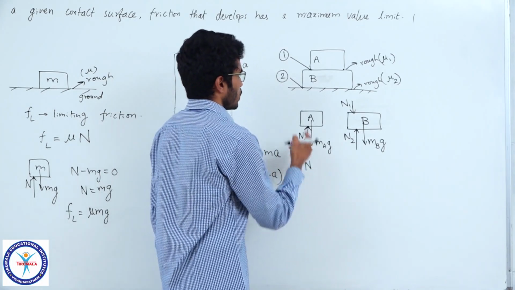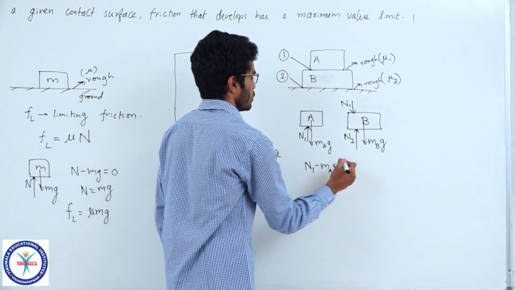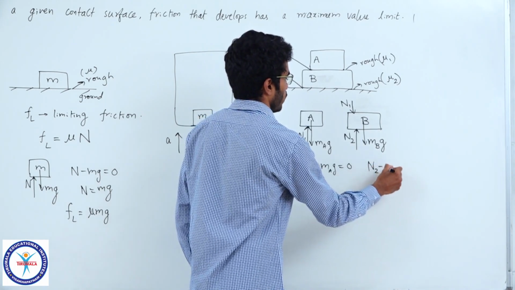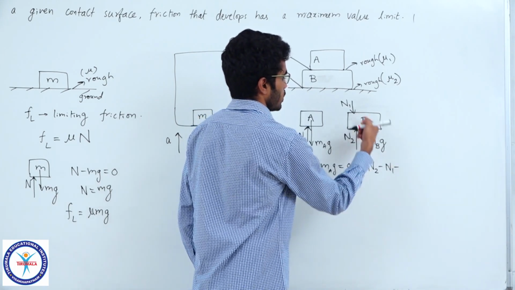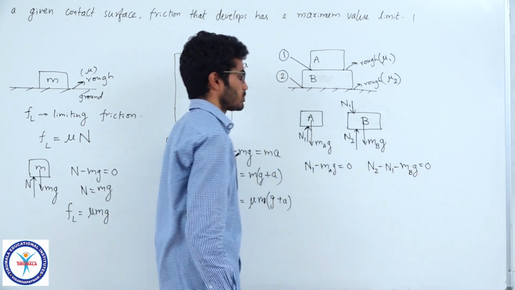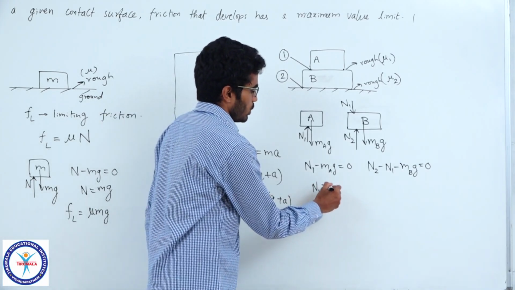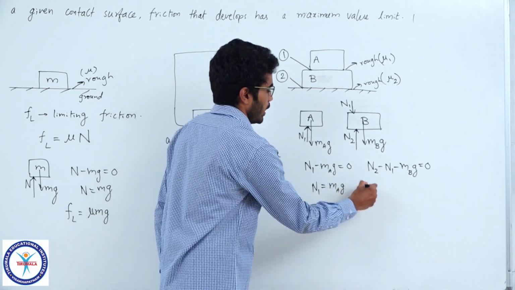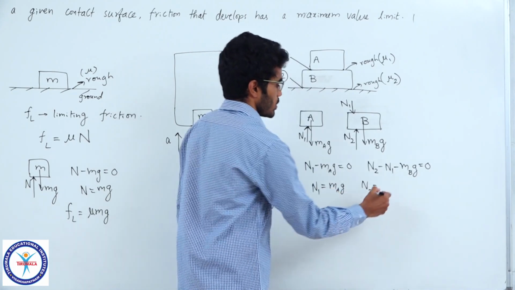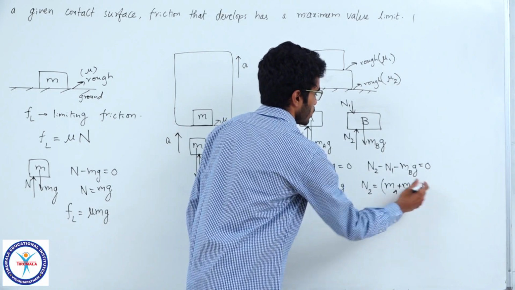Now from this, because the blocks are in equilibrium, N1 minus MA g equals 0, and also N2 minus N1 downwards minus MB g equals 0. So from this we can calculate that N1 equals MA g and N2 equals N1 plus MB g, but N1 is MA g, so it is (MA plus MB) into g.